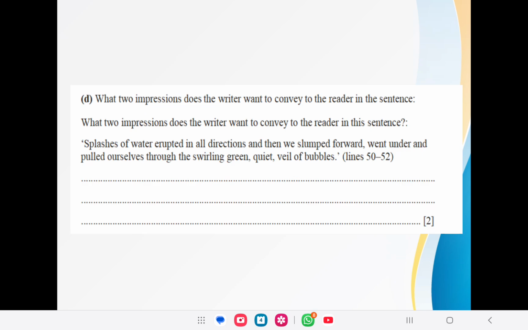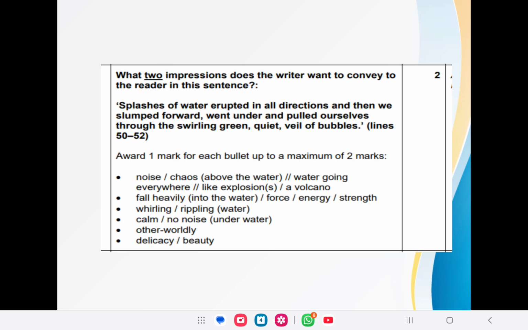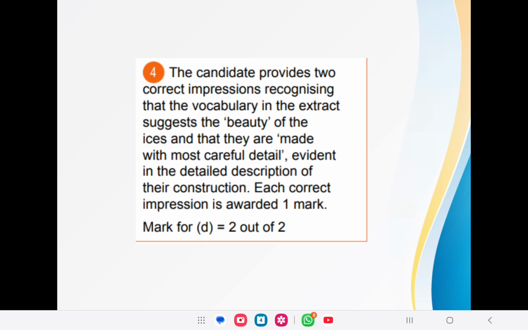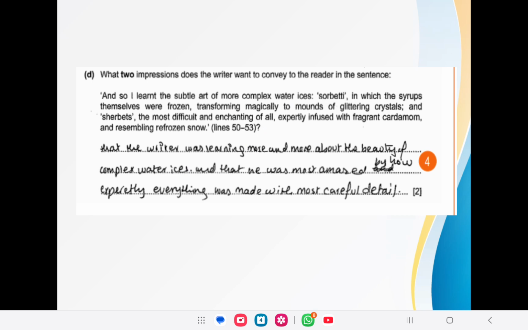So what is he trying to say in this sentence? If we have to choose impressions for ourselves here, the first thing was that he has learned more complex things. He was learning new things daily, and that is clearly written in the first line: "So I learned the subtle art of complex water ices."